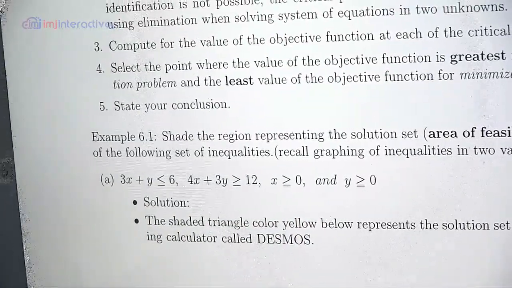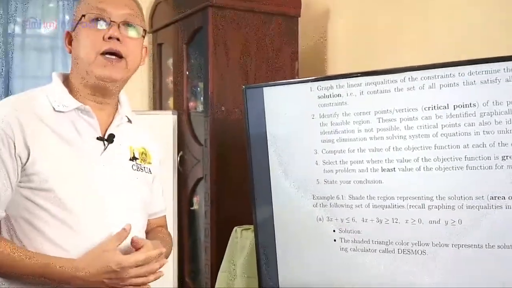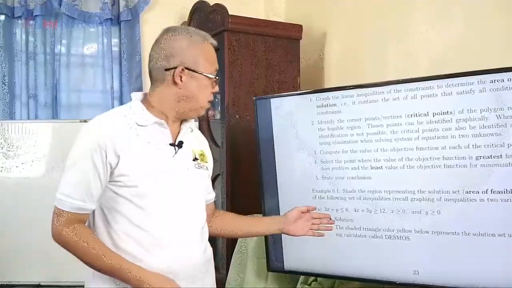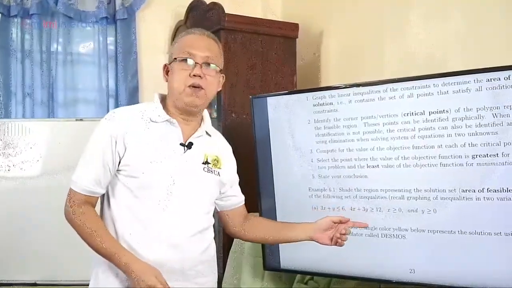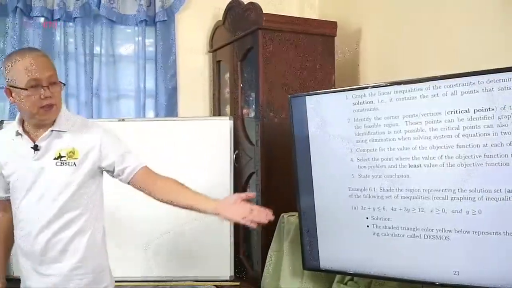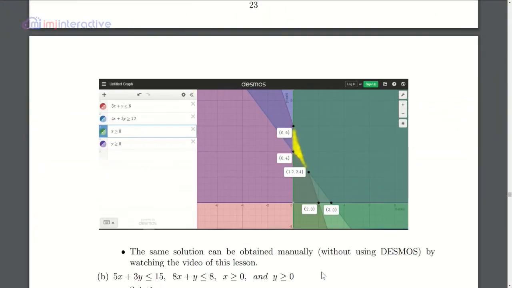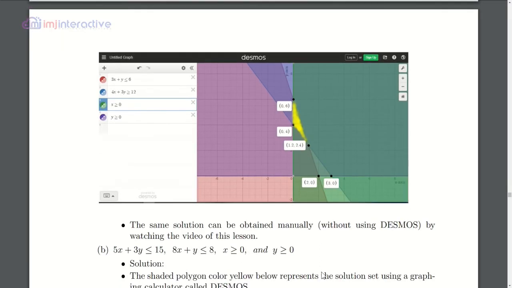So one way of solving this, if you have a graphing calculator like Desmos, all you have to do is just type all the inequalities and you will see the graph as shown in the figure. So it is in this figure. Focus.